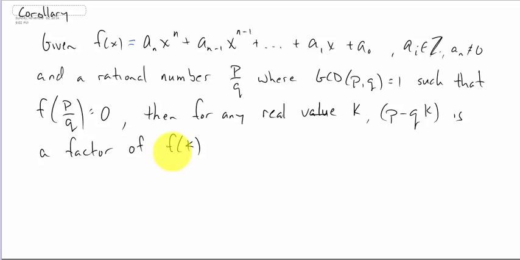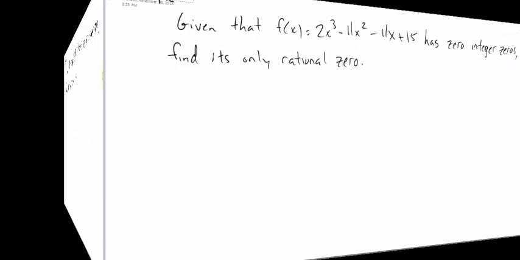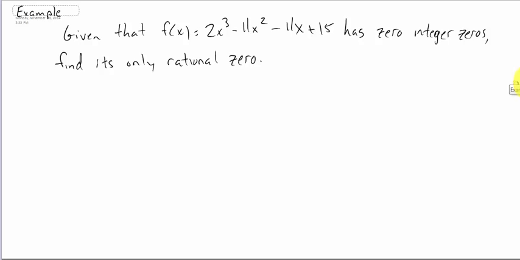These two, the theorem and this corollary, are both provable. It's not something we're going to do today, though. We are simply going to use them to answer this question.